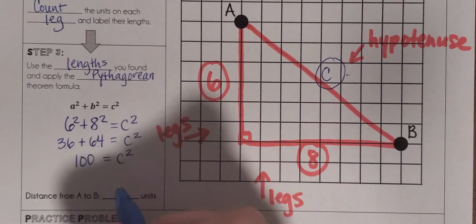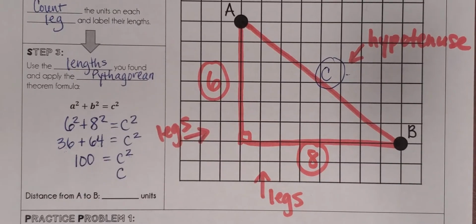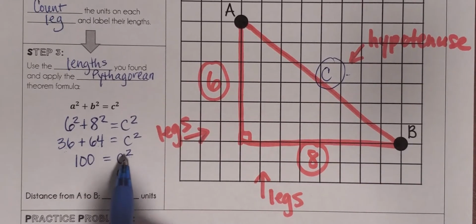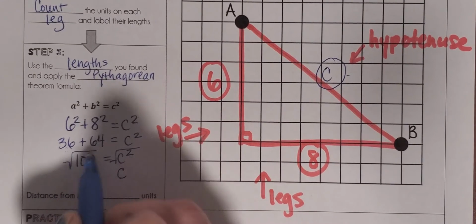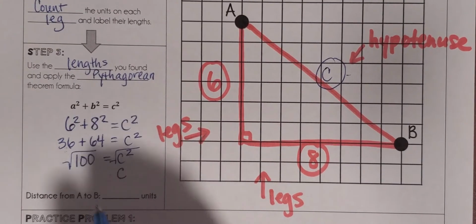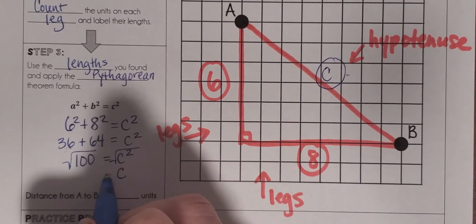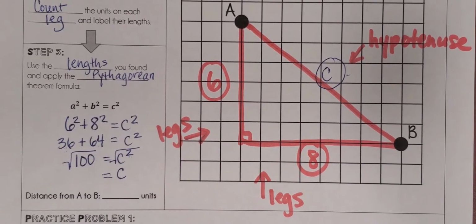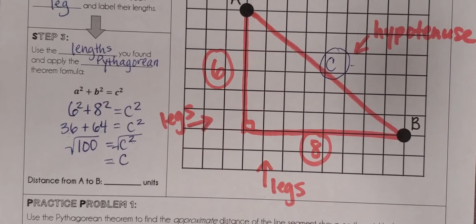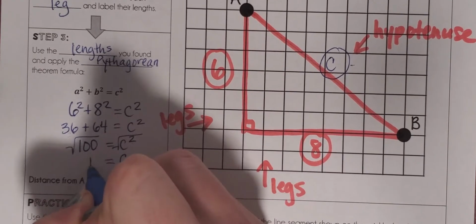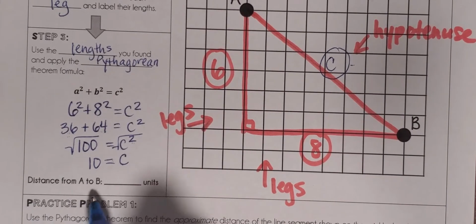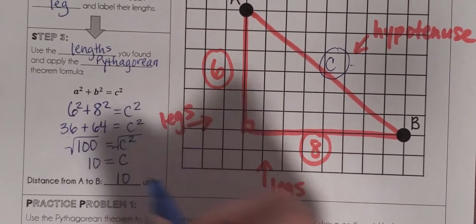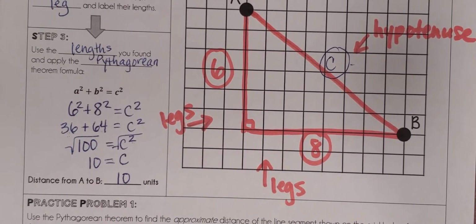I just want a plain c. So in order to get away from this exponent, I'm going to have to square root that, which means I'm going to have to square root my 100 as well. Square root of 100, if you don't know that off the top of your head, you can use your calculator. Find the square root button on your calculator. And your answer is going to be 10. So the distance from A to B would be 10 units.